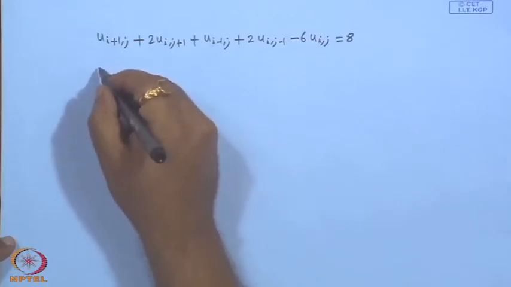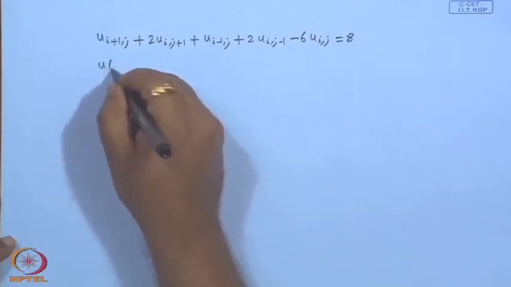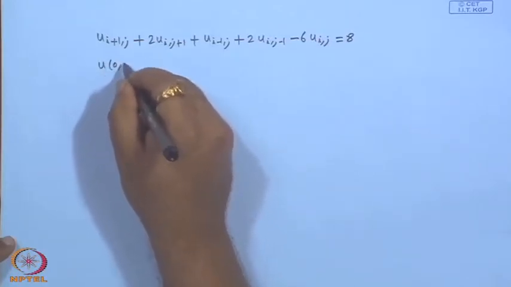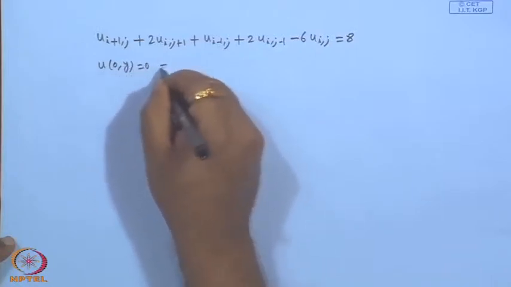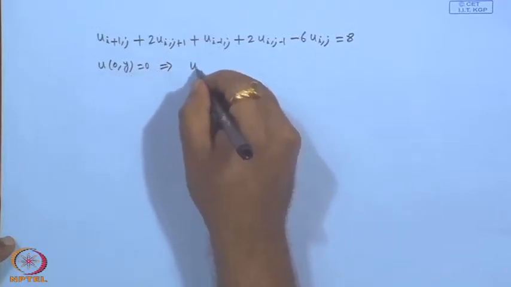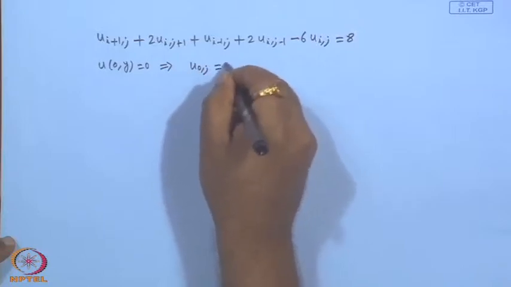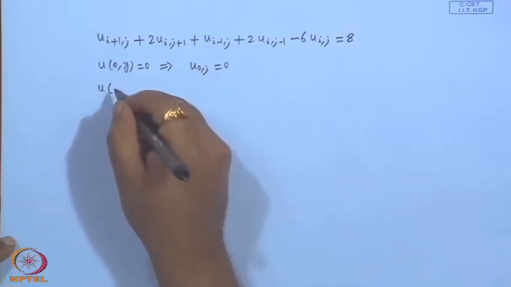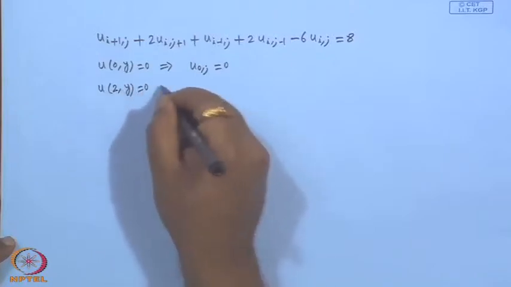Now the boundary conditions, u of 0 y is 0. So, this implies u 0 j is 0, u of 2 y is 0.